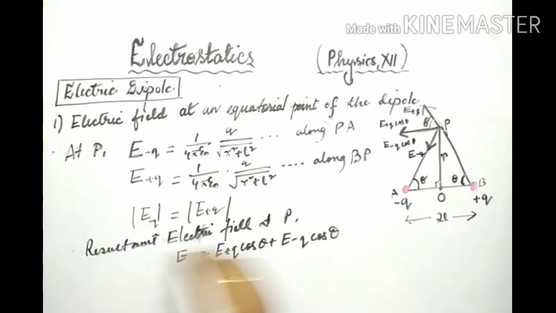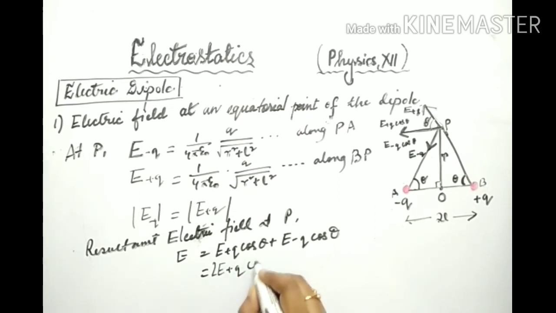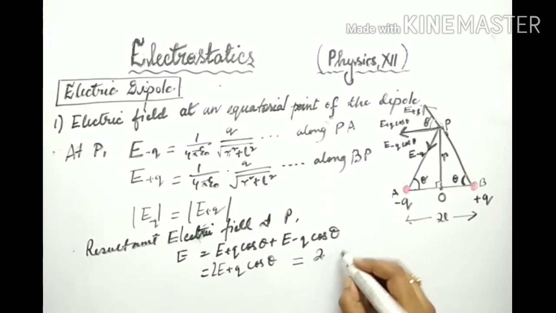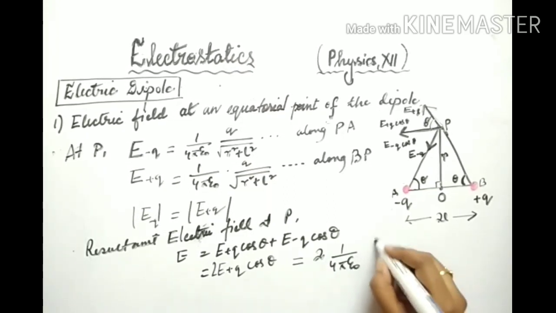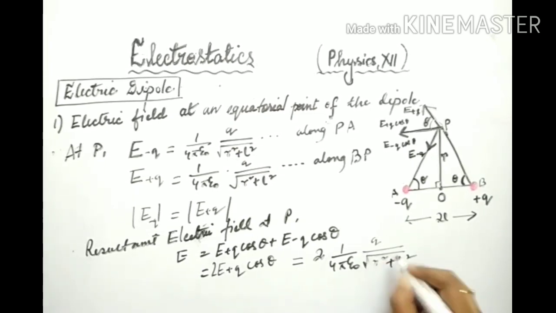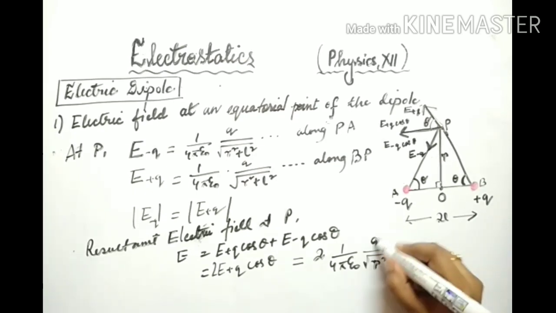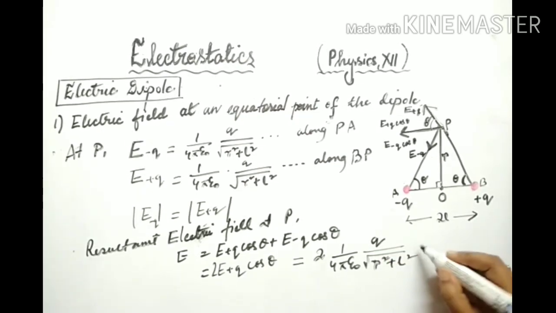Since these two are of the same magnitude, we take any one, so 2 E plus Q cos theta. The magnitude is 1 by 4 pi epsilon naught, q by root over r square plus L square, and cos theta.